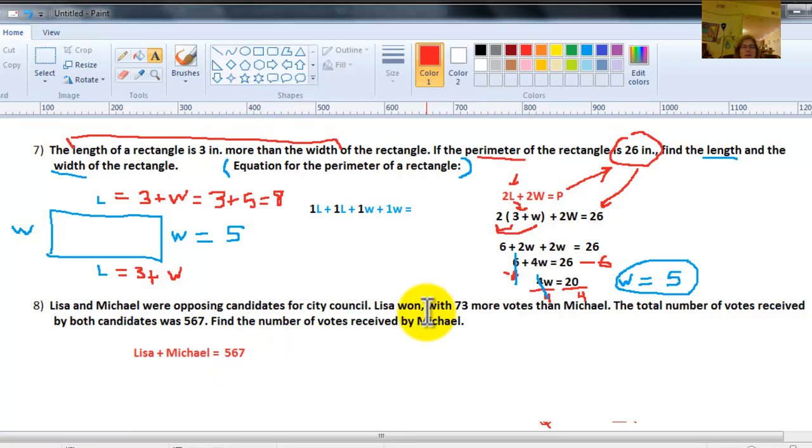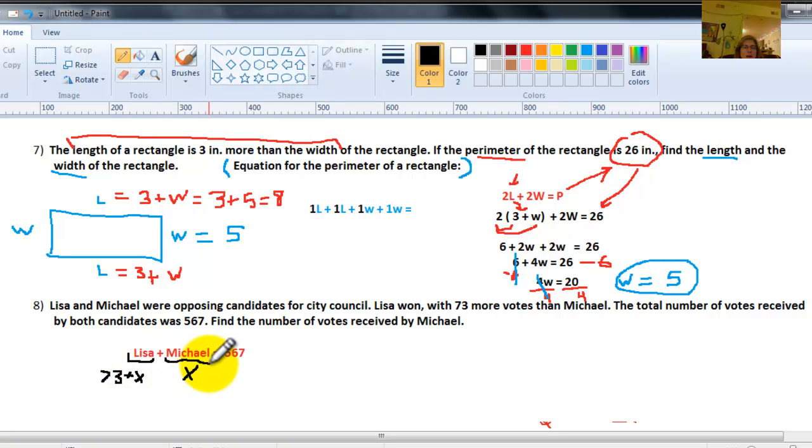So once again, they're giving us Lisa won 73 more than Michael. We don't know how many Michael won, so Michael is X. We know that Lisa won 73 more than Michael, or 73 more than X. So that's Lisa.